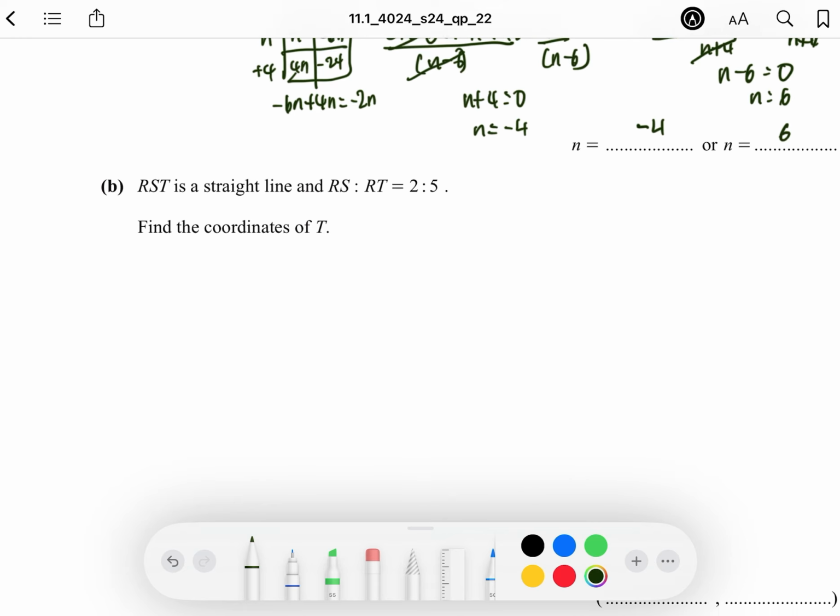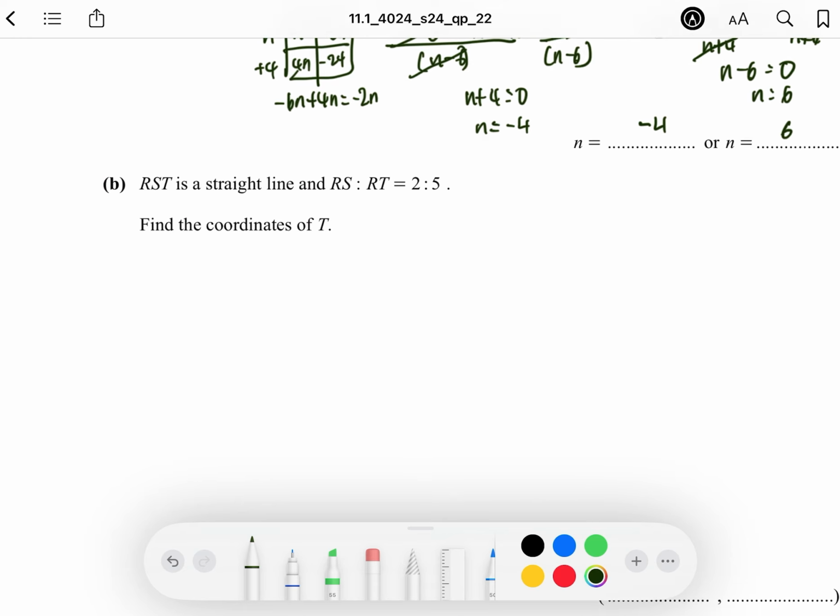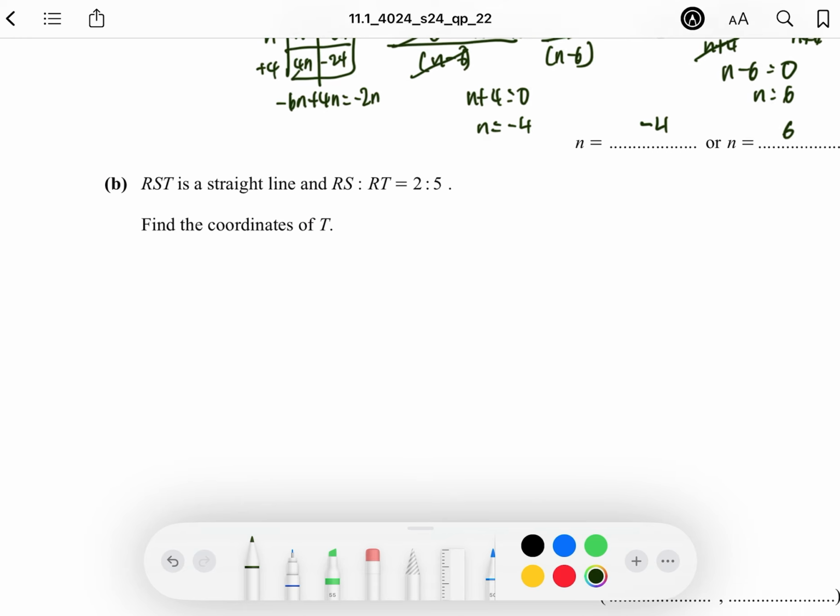RST is a straight line, and RS to RT is 2:5. When it comes like this, then vectors come into place.